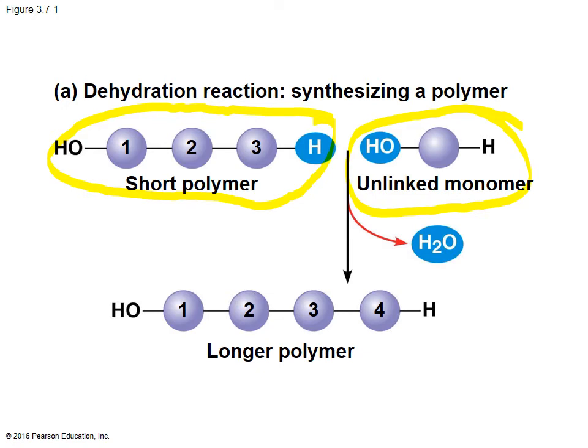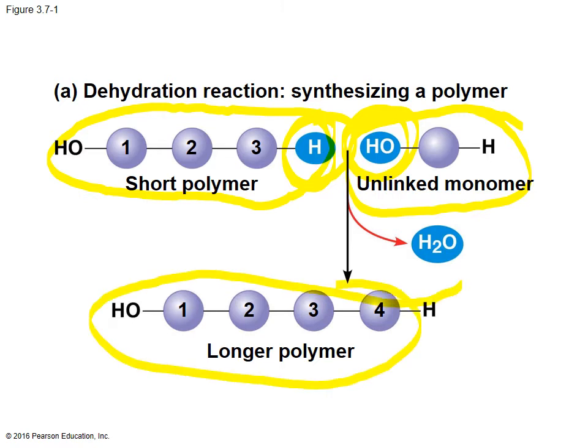You'll notice that there's a hydroxyl group here, and then there's just a singular hydrogen atom hanging out there. When these two are forced together, either with an enzyme or because they bump into each other, you can get water out of the mix, and you end up with a longer polymer, which is what you were trying to create in the first place.